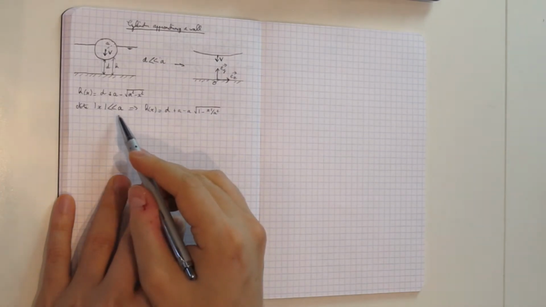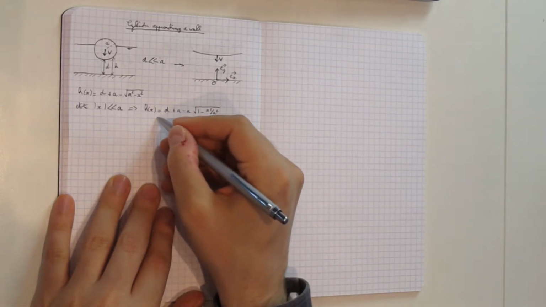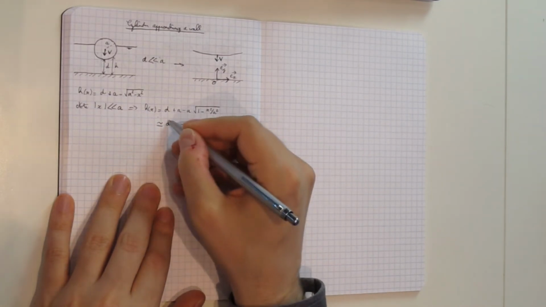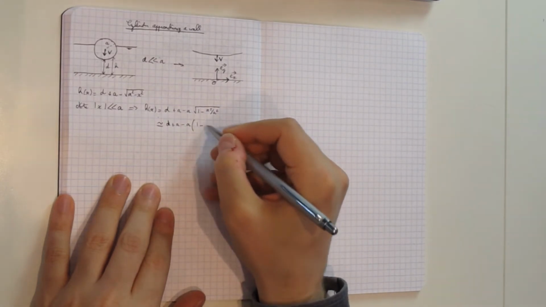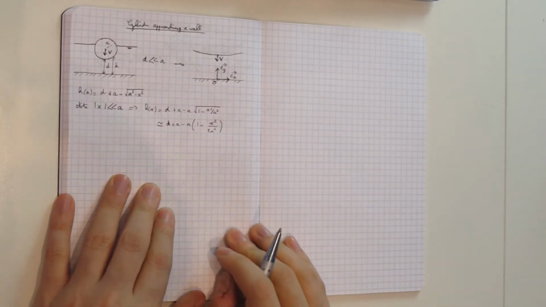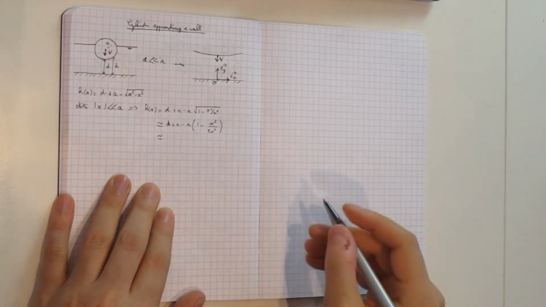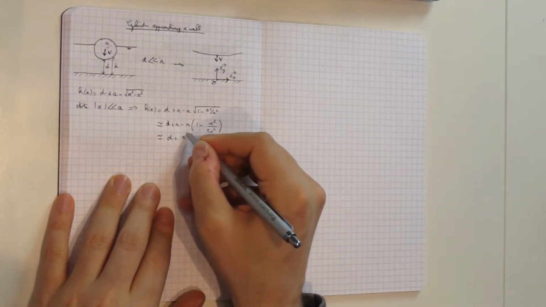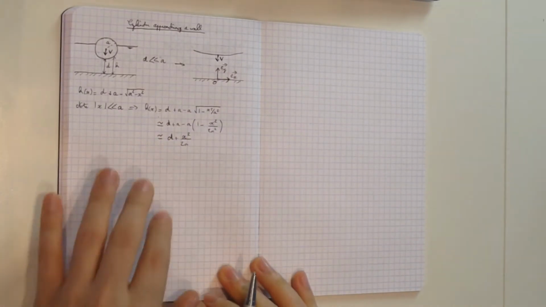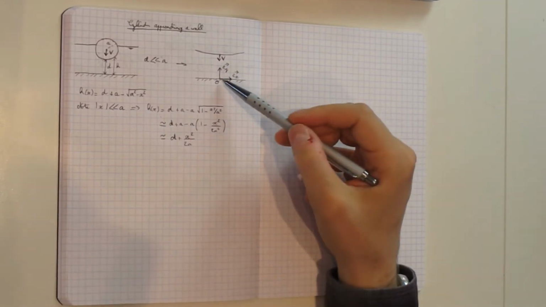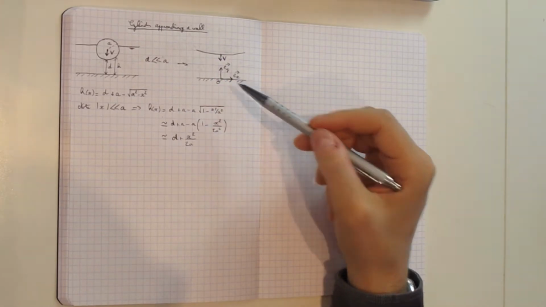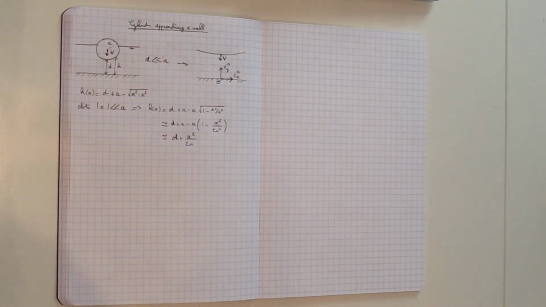And with X being small compared to A, that can be approximated as D plus A minus A times (1 minus X squared over 2A squared), or in a slightly more dense form, D plus X squared over 2A. That will be a first approximation for the height of fluid as we move slightly away from 0 along the X direction.